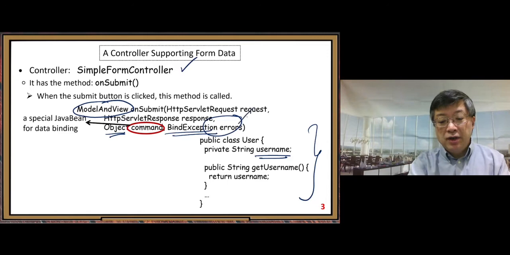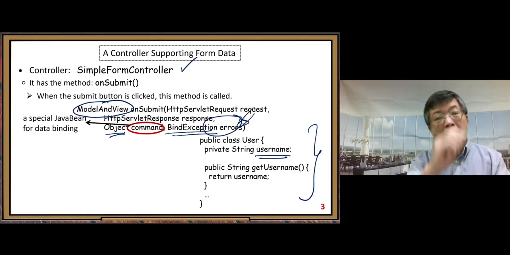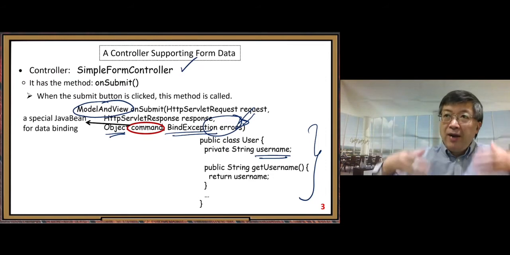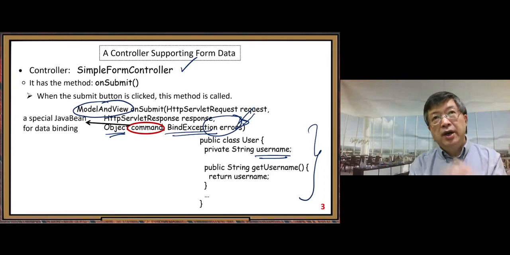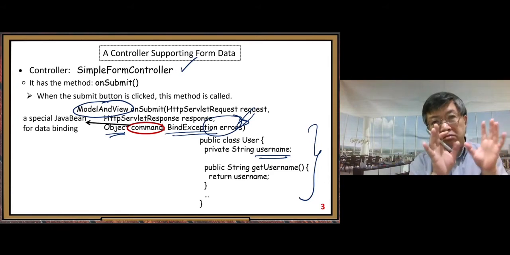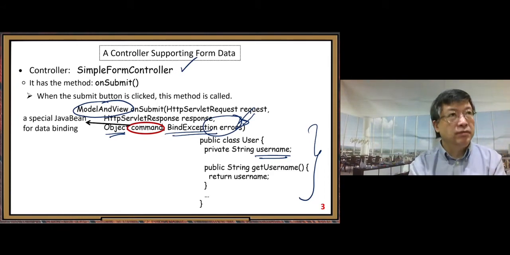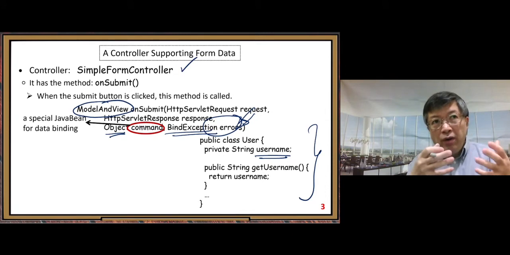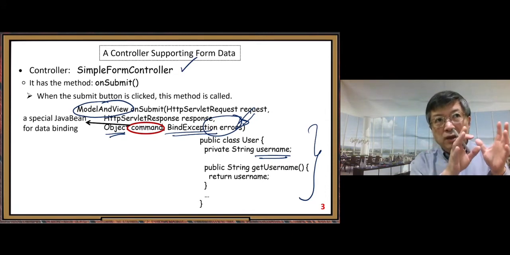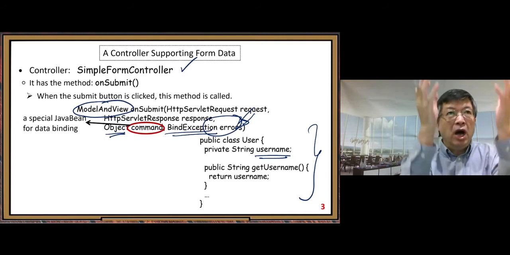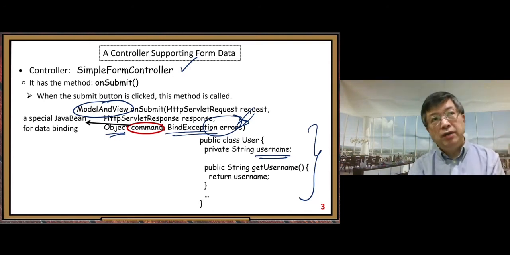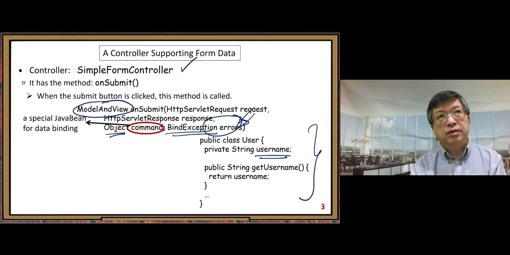So this object we will use to carry possible errors. In case we detect some error situation, we will write error messages into this special object. So you will see it in our next few videos.